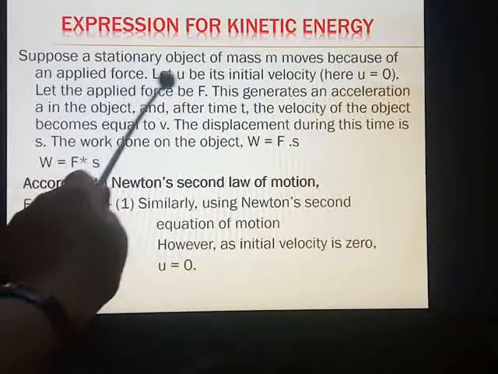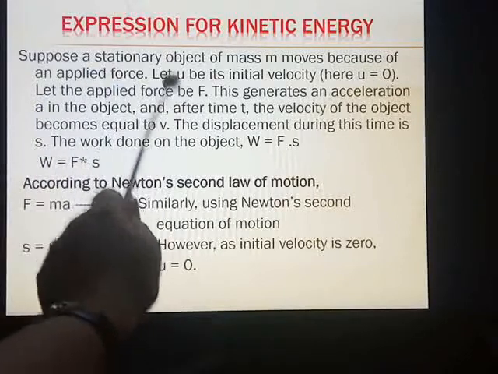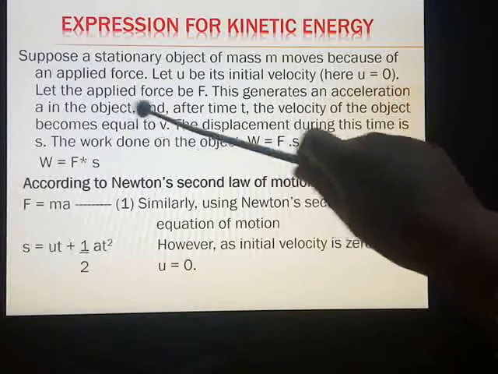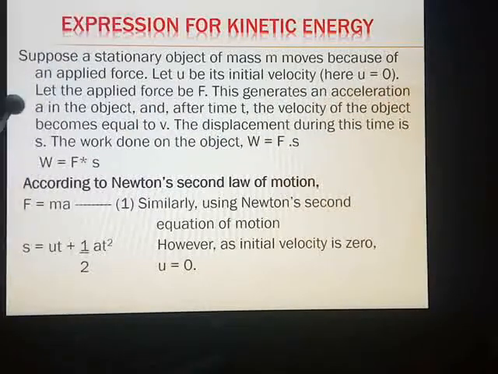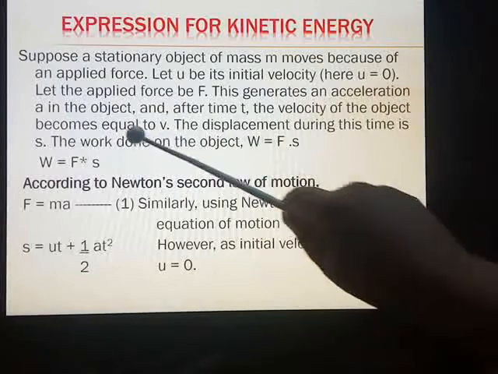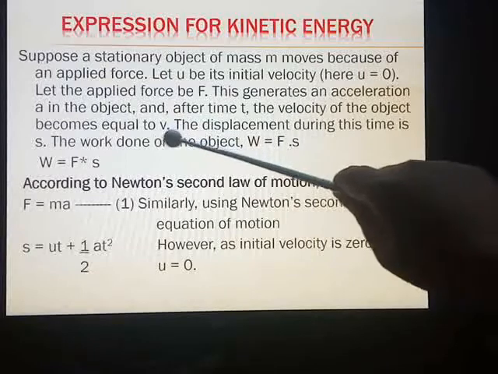Let the applied force be capital F. Now this applied force generates an acceleration in the object, denoted by small a, and after a certain time t, the velocity of the object becomes equal to v. So initially the velocity was 0, which after movement and after a particular time t becomes equal to v.